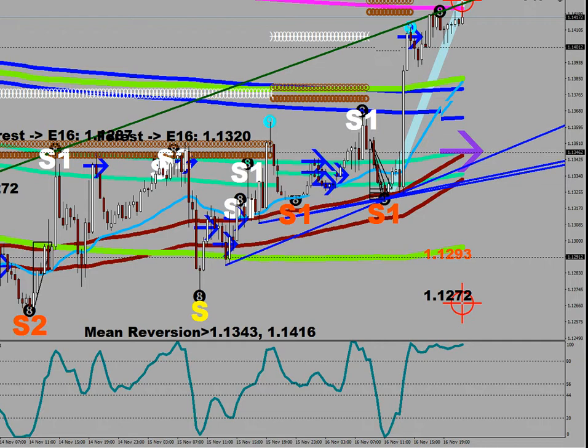There is a key sentence to what the market does, and it goes like this: the market would run as hard as it can in one direction, only to reverse and start running in the opposite direction yet again as hard as it can.